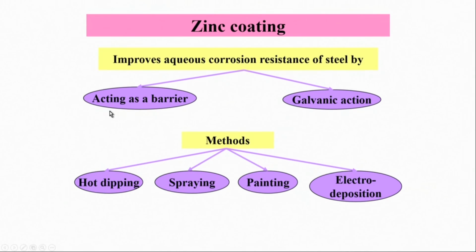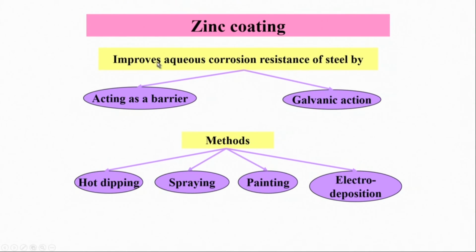Whenever there is a very thin zinc layer on the surface of steel, it acts as a barrier to corrosion, and also it saves the component surface by sacrificial action or galvanic action when there are any defects in the coated layer. So, zinc coating is preferred to tin coating for that purpose, because it saves the component surface in two ways, but tin only saves the surface by acting as a barrier coating.